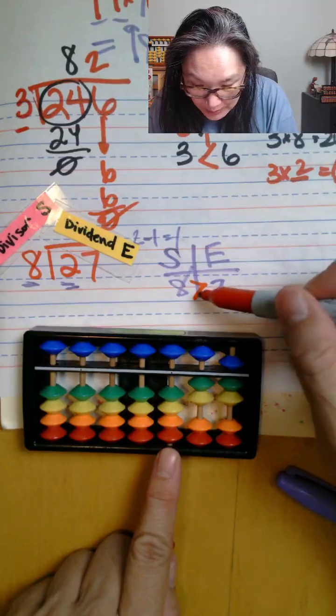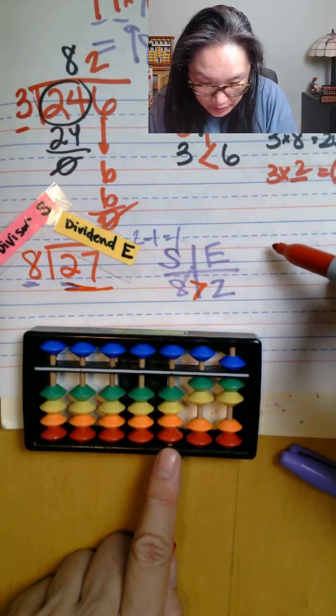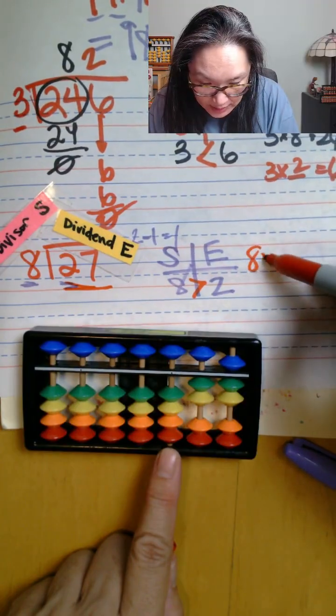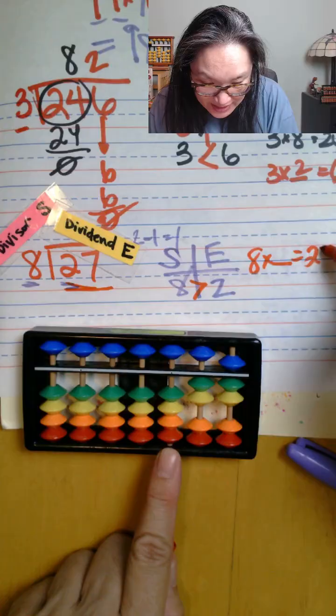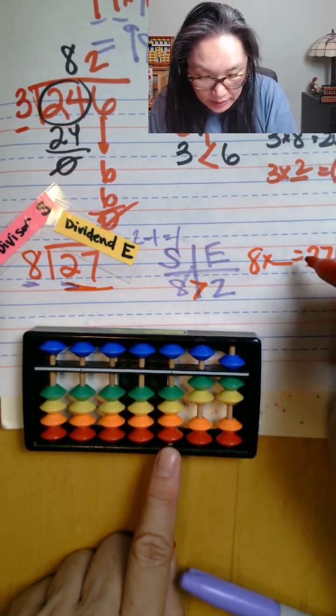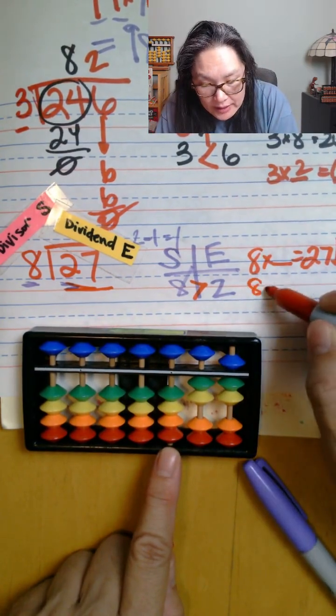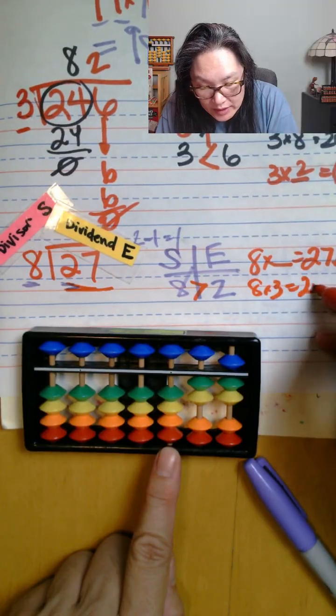So I got to figure out with two digits. 8 times what is equal to 27 or less? Yes, Melinda. 2 digits. 8 times 3. 8 times 3 is equal to 24.